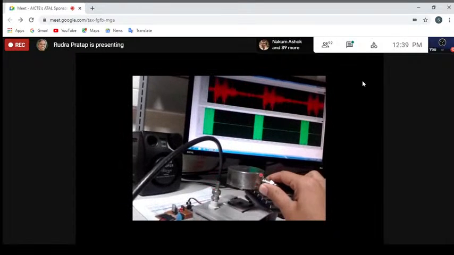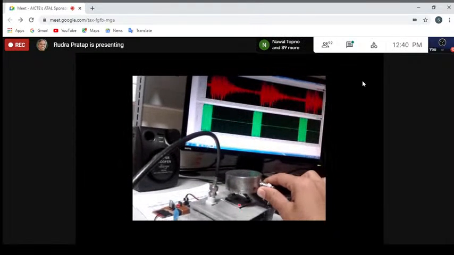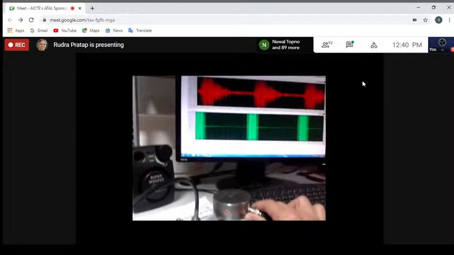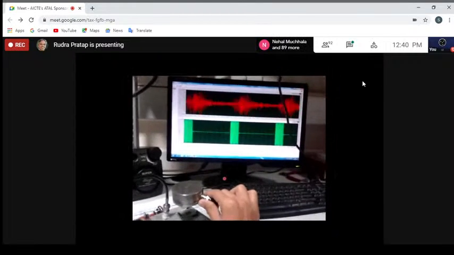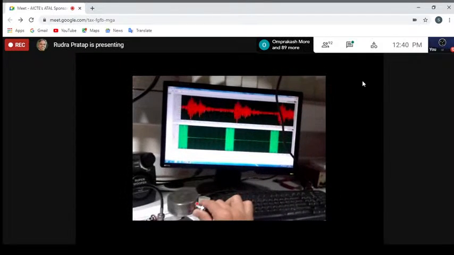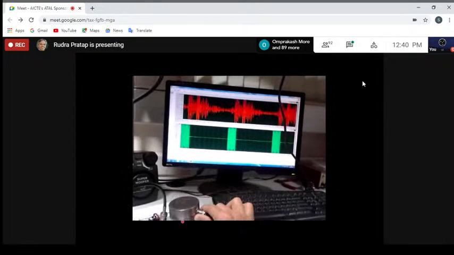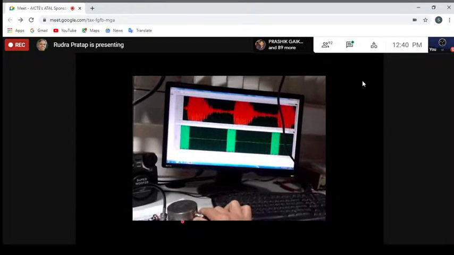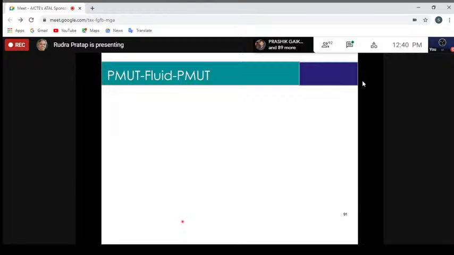This is a bulk ultrasound transducer, and the MEMS ultrasound transducer is sitting here. This shows that it is able to sense the ultrasound waves from this transducer. Of course, this is a 6 year old result, and now we have much more sensitive ultrasound transducers.